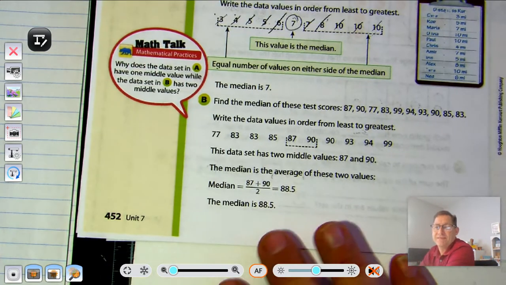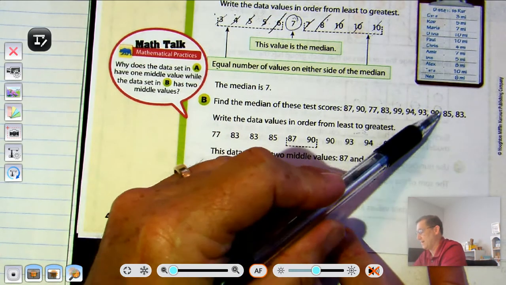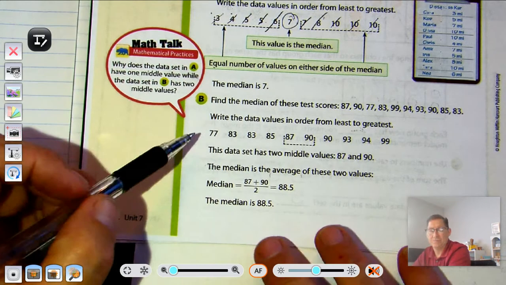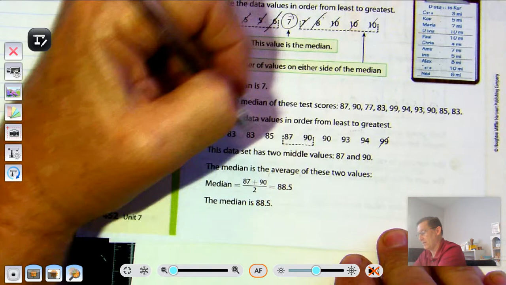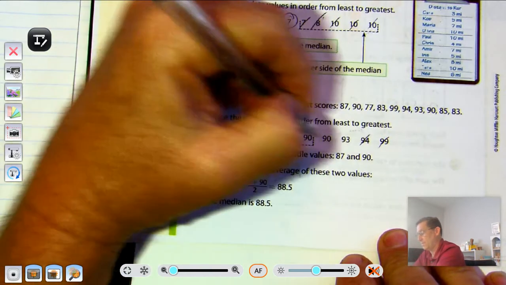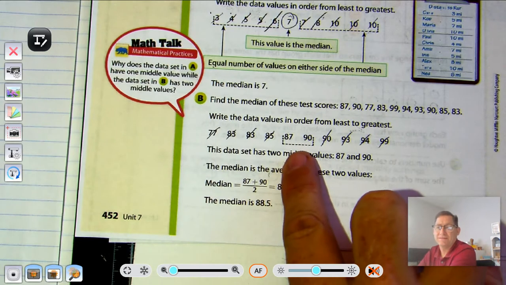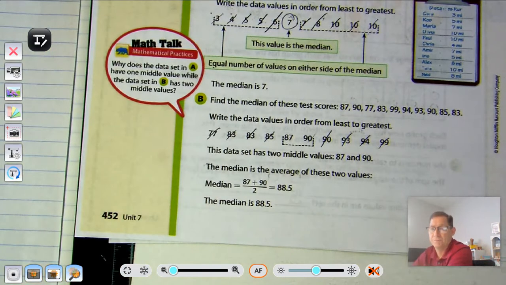All right. So find the median of these test scores. And so again, they have 1, 2, 3, 4, 5, 6, 7, 8, 9, 10 data points. Well, now we have an even number. So when we put them in order and we cross off from the ends and work our way towards the middle, I have 2 values left. Well, I can't cross those out because then I have no middle number.